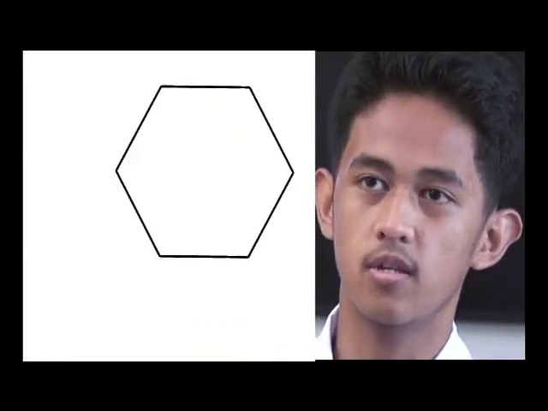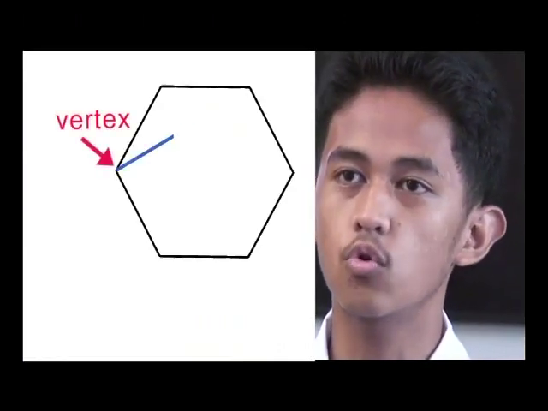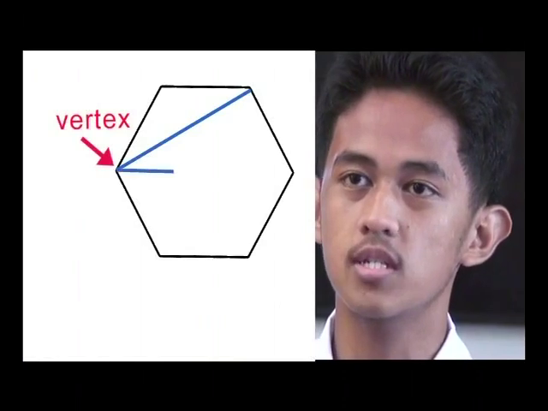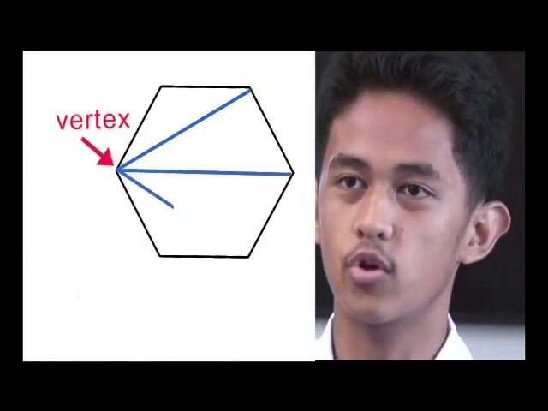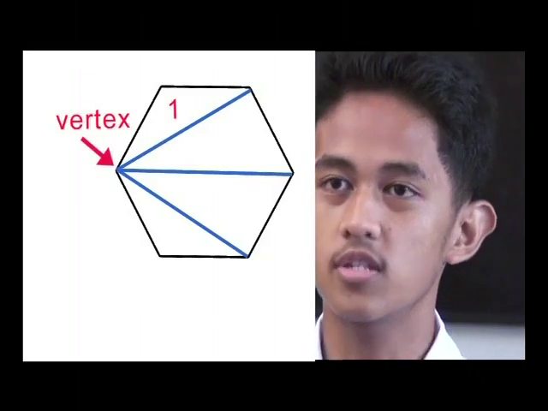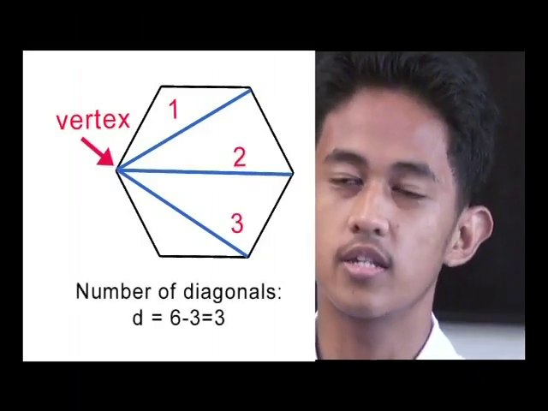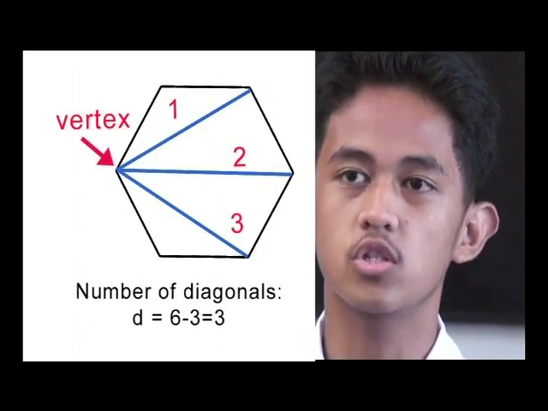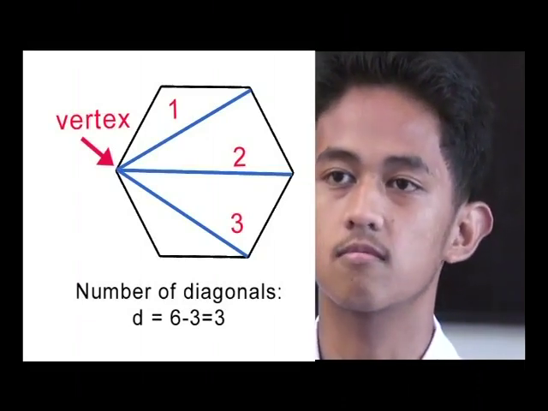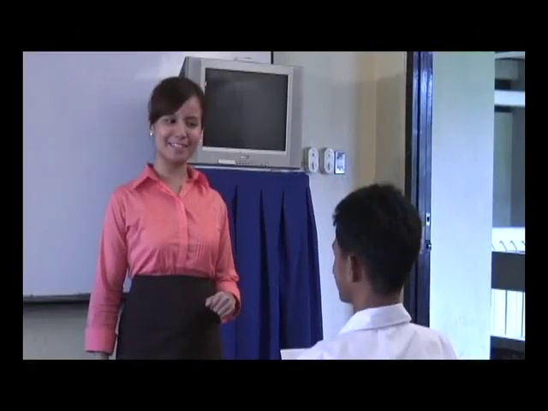If a vertex is given, then a diagonal through it can be drawn by choosing a second vertex as the second endpoint of the diagonal. Thus, the number of diagonals that we can draw from a given vertex is equal to the number of points we can choose as the second vertex. Good thinking, Doms.